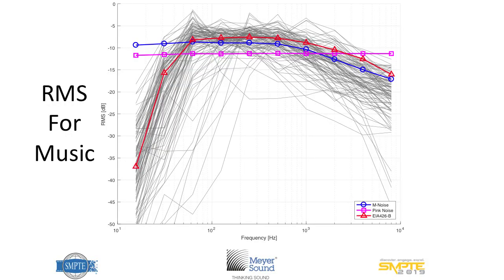So that was our approach with this new signal, M noise: to have peak levels like pink noise, relatively constant with frequency, but have RMS levels that reduce in the high frequencies. And you cannot do that by simply filtering the pink noise. You have to do something different. And that's what's new about this signal.